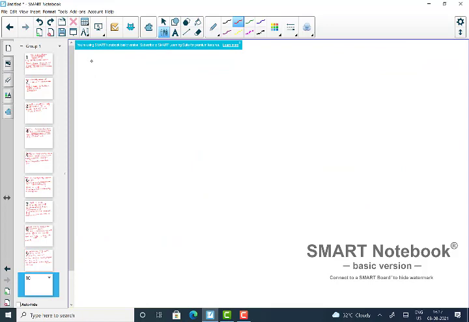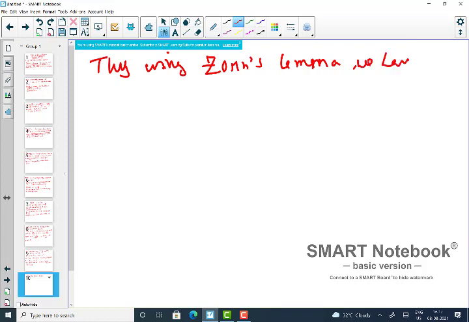So thus, using Zorn's lemma, we have a maximal element for the poset P, right?